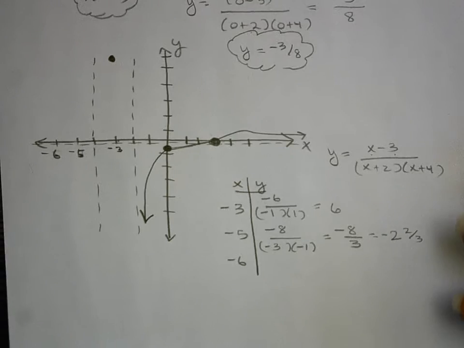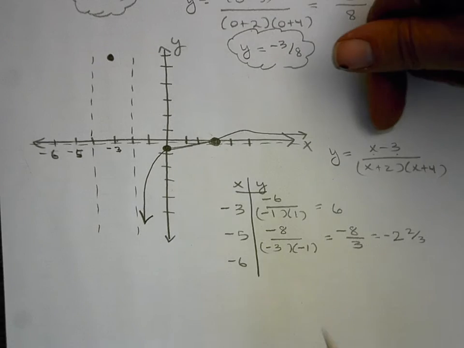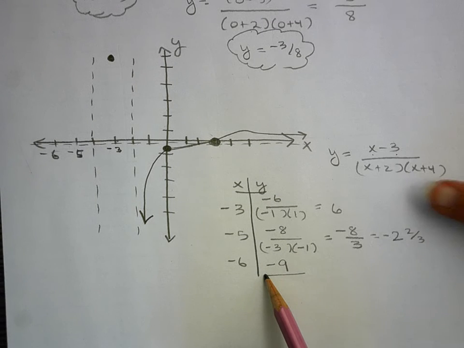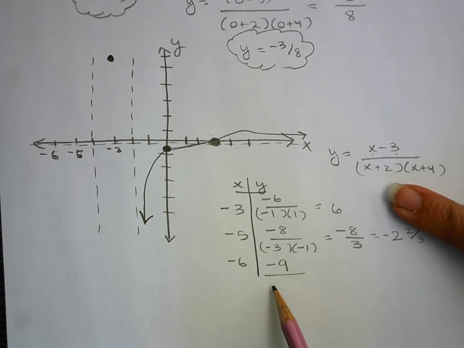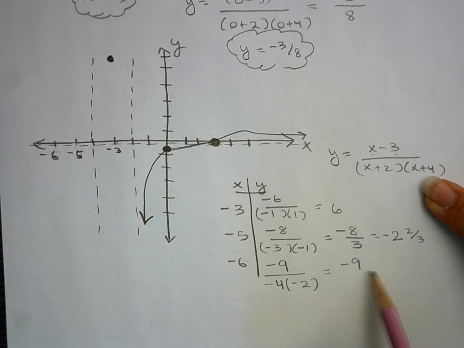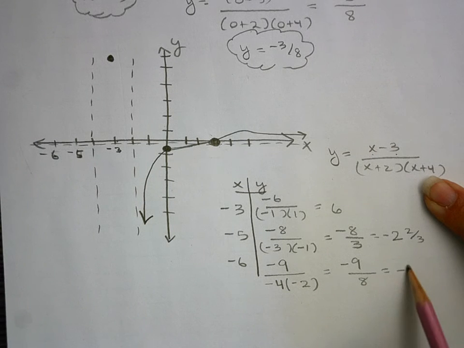And then I'm going to substitute in negative 6. So negative 6 minus 3 is negative 9. And then negative 6 plus 2. And negative 6 plus 4. So that would be negative 9 over 8, or negative 1 1/8.